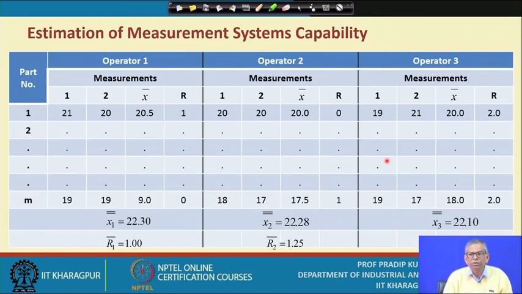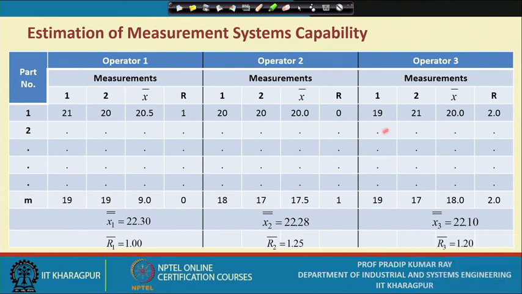So for looking into these two aspects, you again have to collect data in a different form. Here I am just explaining this particular table. Like say you are dealing with m number of parts. Now you have engaged 3 operators. That means this is one condition, this is the second condition, this is the third condition.